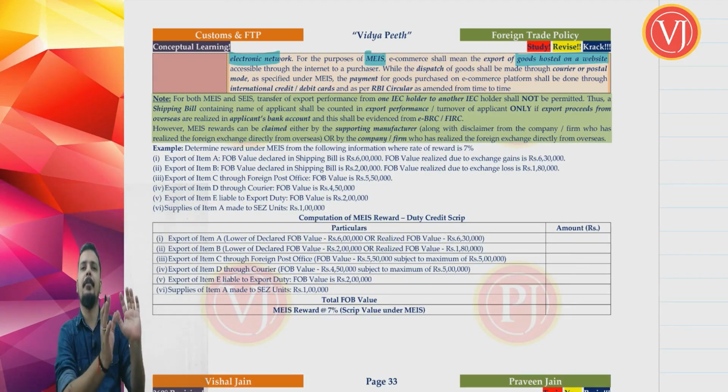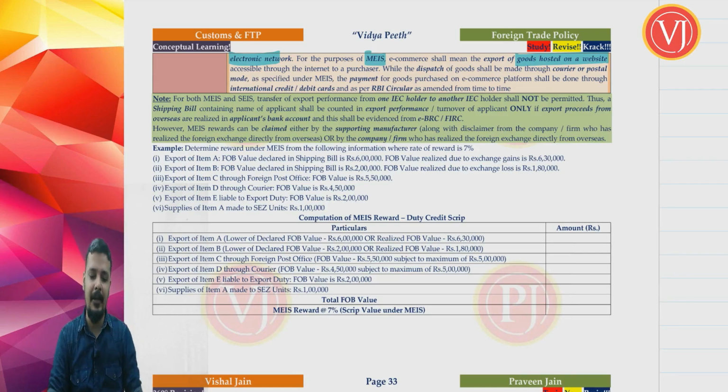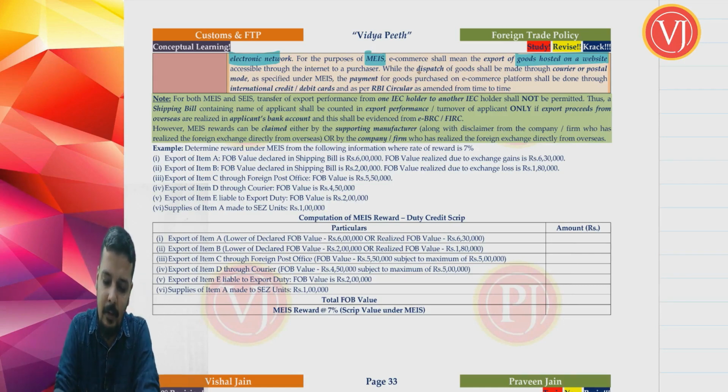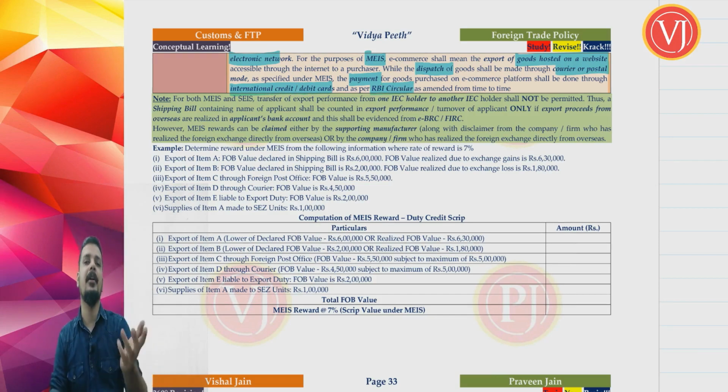So I am putting all these notified goods on my website, and the other party is interested in the goods. He will order the goods, I will dispatch the goods by courier or post, and I have to receive the payment by way of international credit cards and debit cards, read along with the RBI circular which gets updated from time to time.